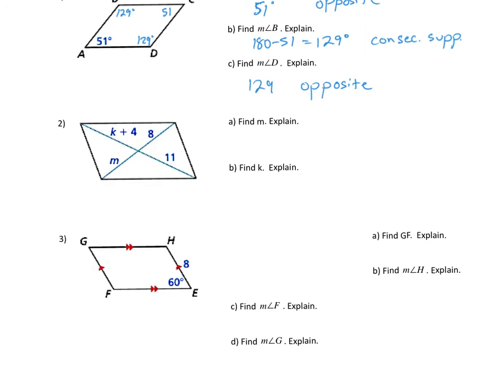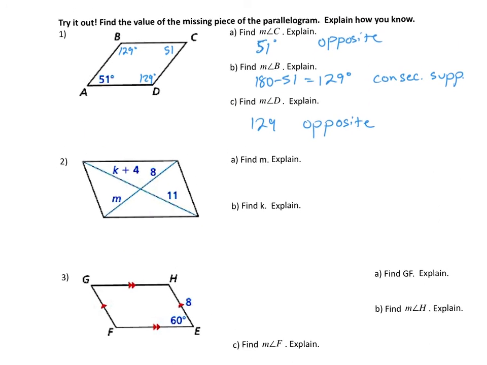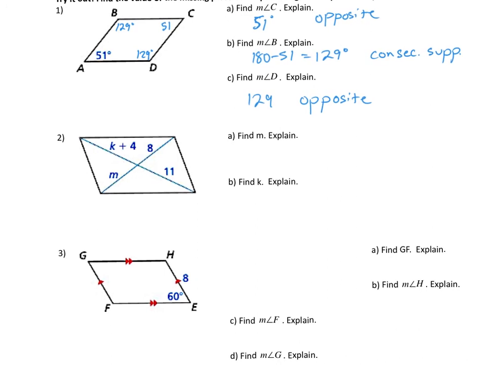Let's look at going down. Number 2, A, find M. M in this case is this length. Remember, these two lengths have to be congruent.